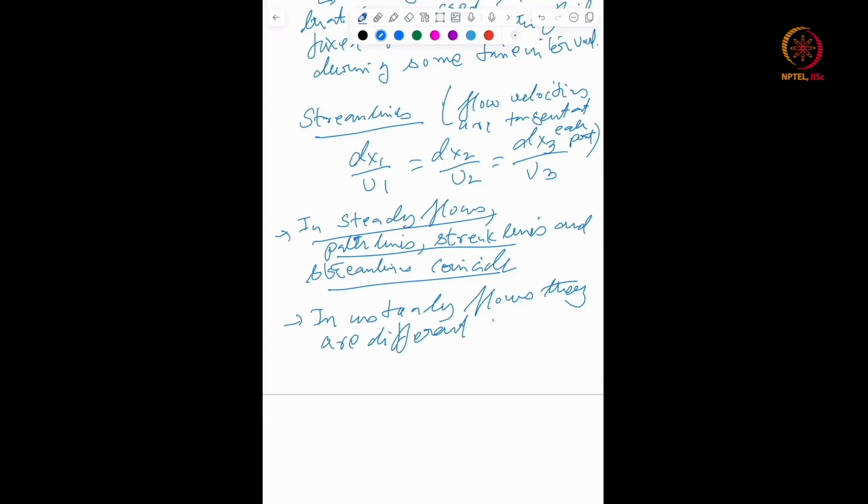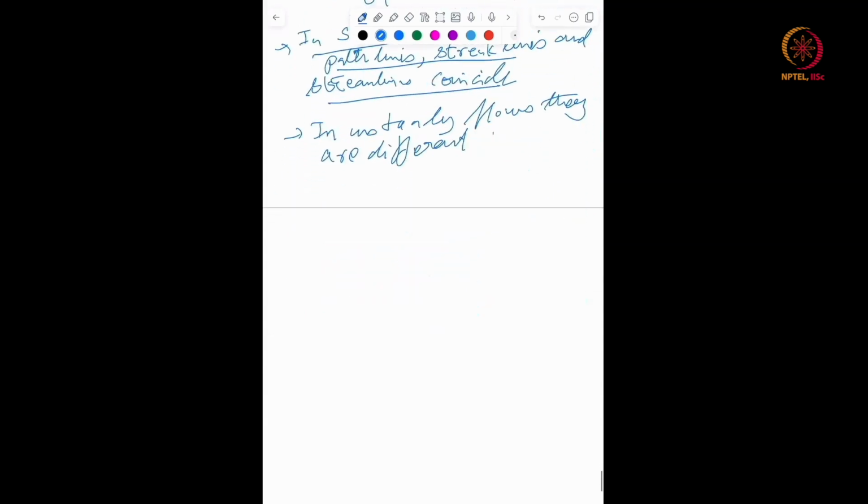So one may reconstruct a set of streamlines in unsteady flows by fitting a family of tangent curves to an image of many short path lines generated by adjacent particles, and thus representing the vector velocity field. So this is interesting.